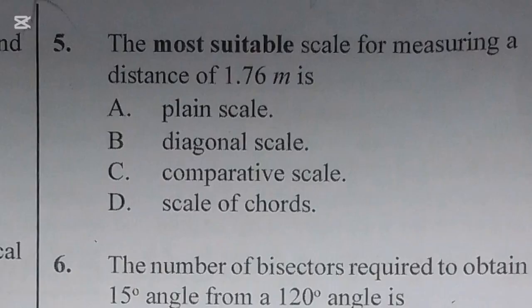Now question 5. The most suitable scale for measuring a distance of 1.76 meter is the diagonal scale. Diagonal scale measures to 2 decimal places, while the plain scale measures to just a single decimal place. So the answer for question 5 is B, diagonal scale.